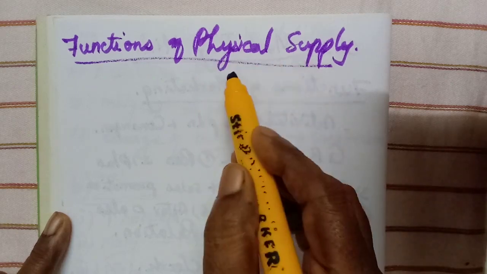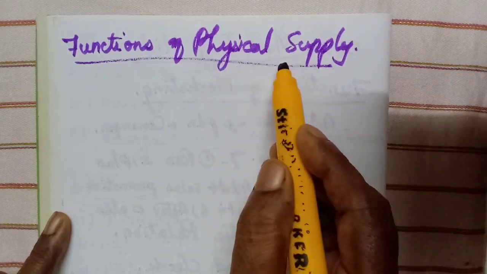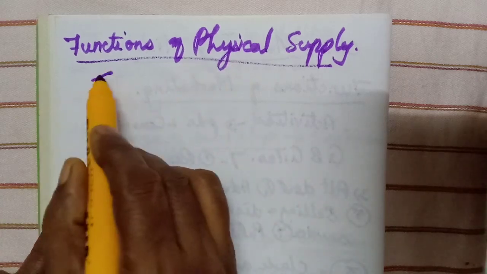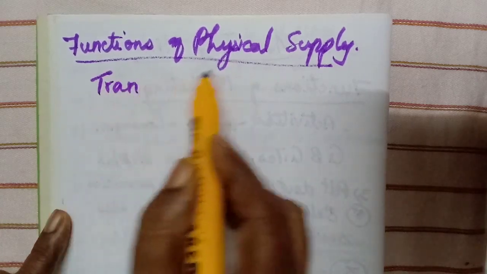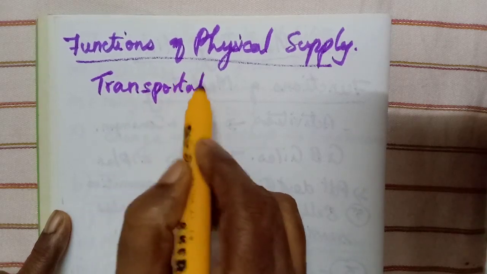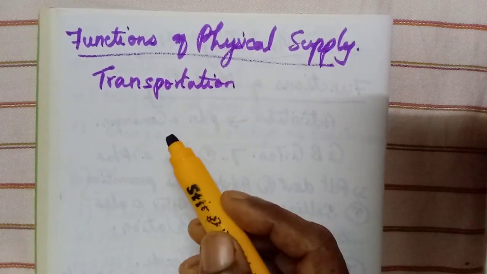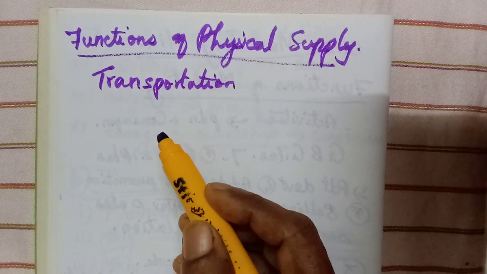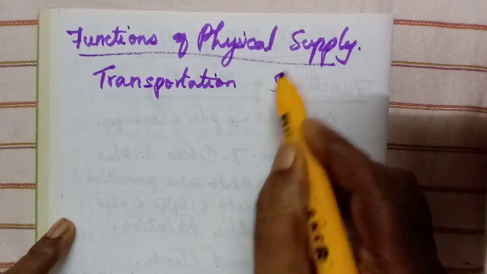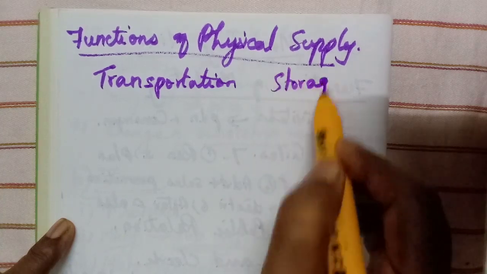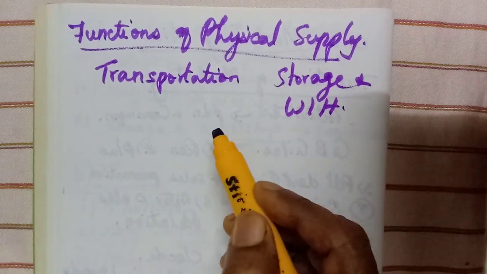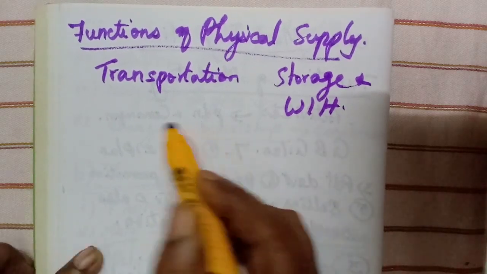Physically they have to deliver the goods to the consumers. Here two things are involved. One is transportation. They have to transport the goods, isn't it? Then, if they are not needed immediately, they have to store them in the warehouse. So storage and warehousing.